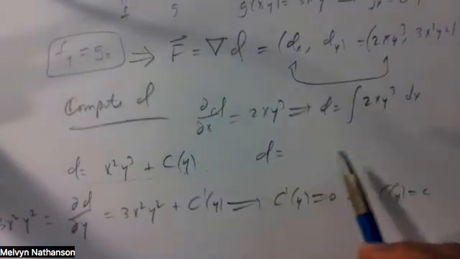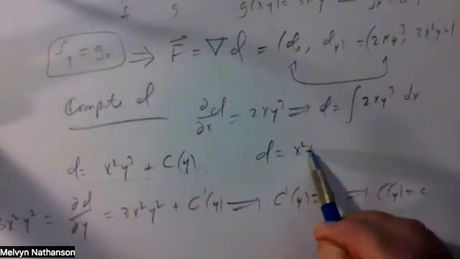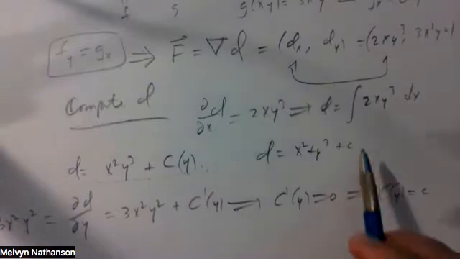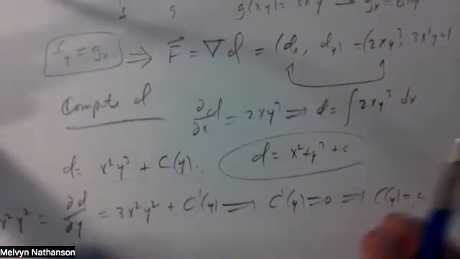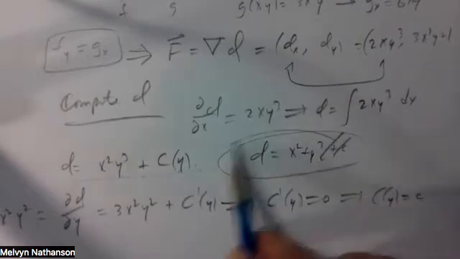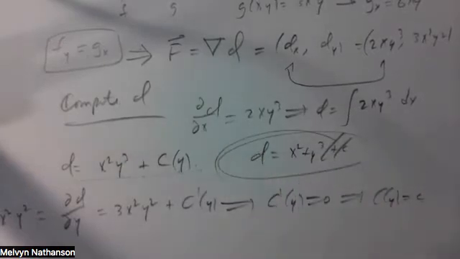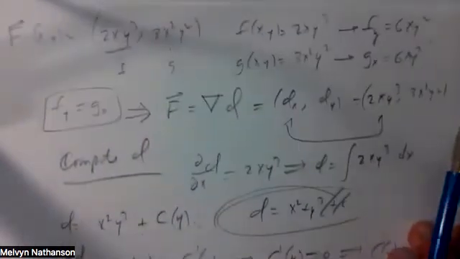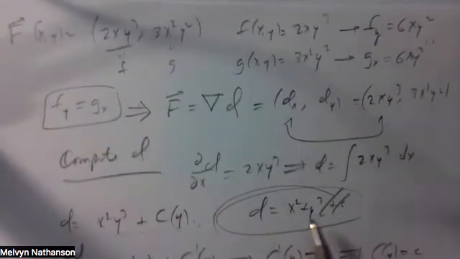So phi is x squared y cubed plus any constant. And if we just want to find one phi that works, we can just take the constant to be 0 and say that this vector field is the gradient of this function phi.